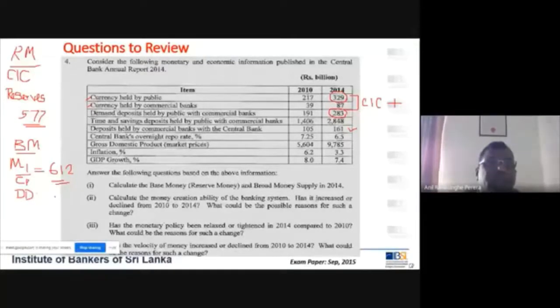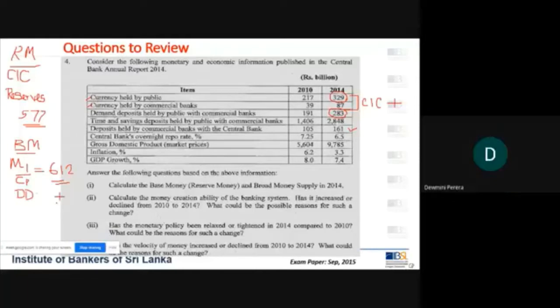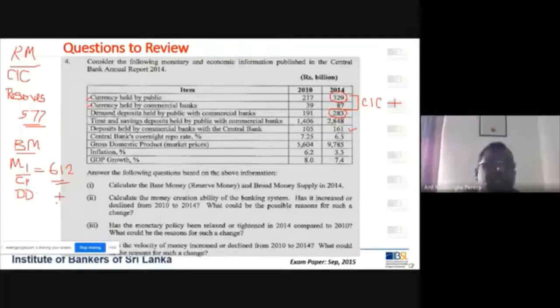You add time and savings deposits held by the public. Exactly, time and savings deposits of the public with commercial banks. So if you add up the 612 and time and savings deposits held by the public with commercial banks, which means 2,848. Okay, so if you add up those two, how much do you get as the broad money supply?